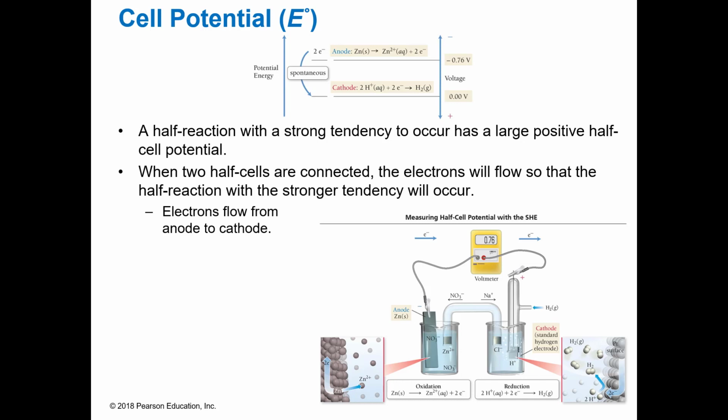So we have a picture of it down here. Here's the reaction. Zinc at the anode is oxidized to zinc 2 positive, releases 2 electrons. We have that attached to a standard hydrogen electrode where reduction occurs. So when we measure the voltage, this is what the voltmeter would put out, negative 0.76 volts.